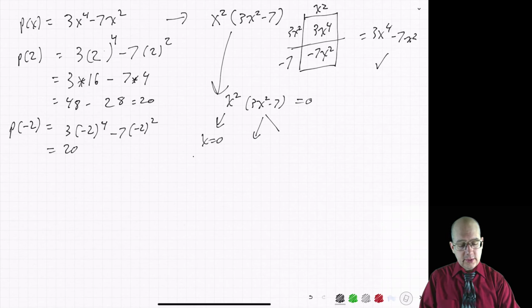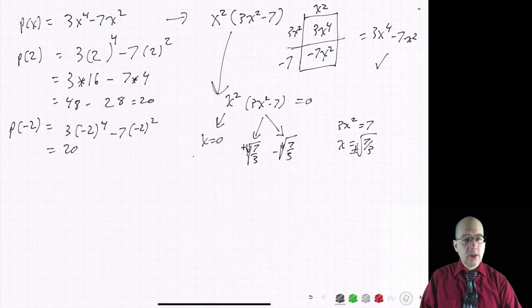And this has 2 solutions: 3x squared equals 7, or x equals plus or minus the square root of 7/3. Right? This is just solving a quadratic, which we know how to do.